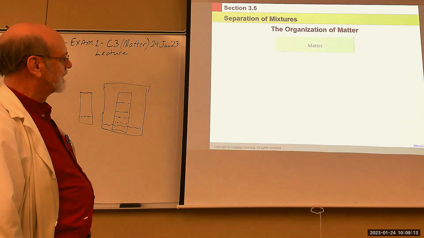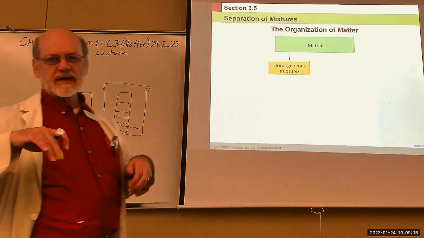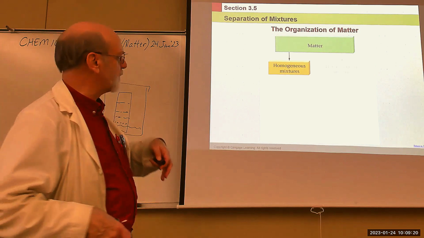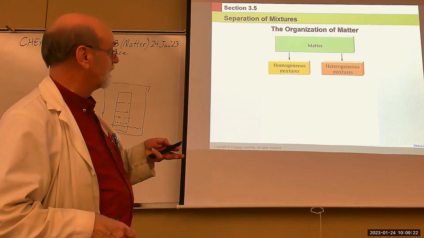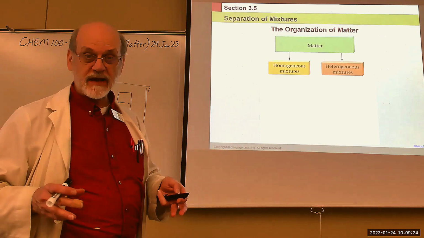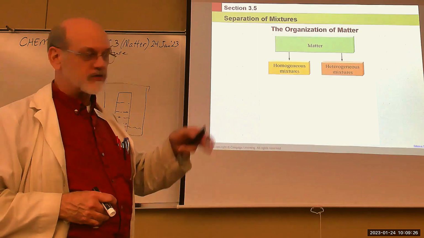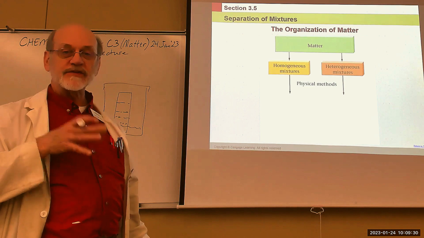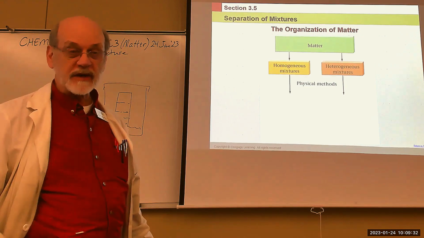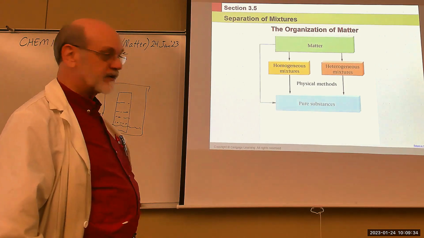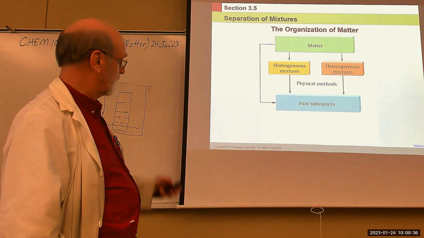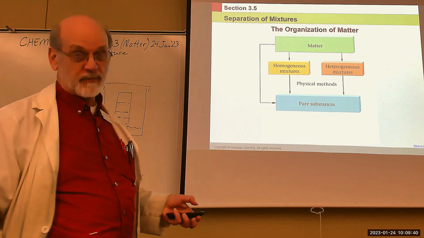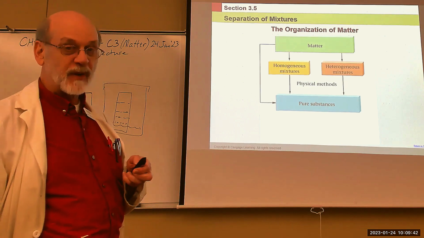All right. So this is just a flow chart to give you some idea of how we separate and characterize things. We have matter. We can make mixtures out of them. We can make a homogeneous mixture, a heterogeneous mixture. You can use physical means to separate the components into pure substances. Or there's a case where the matter itself may already be a pure substance. That's possible.